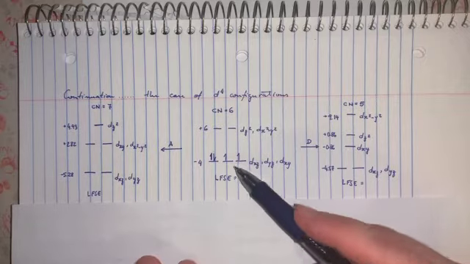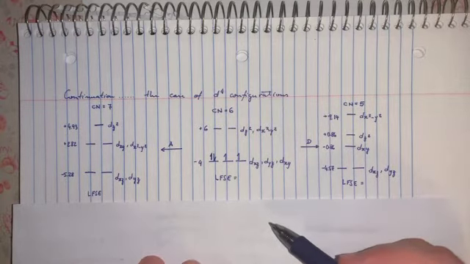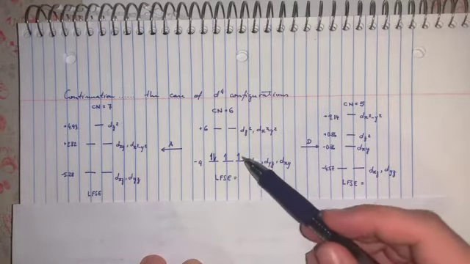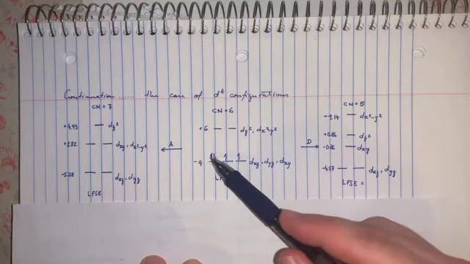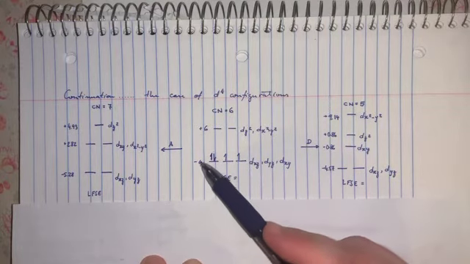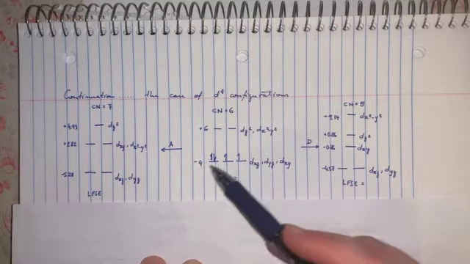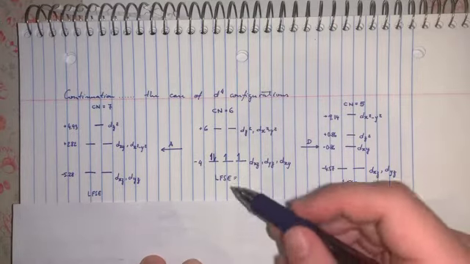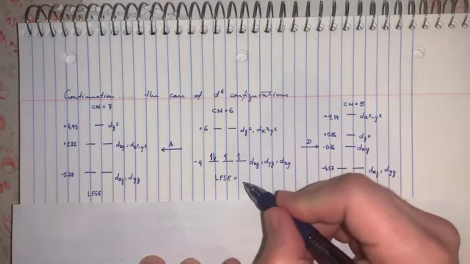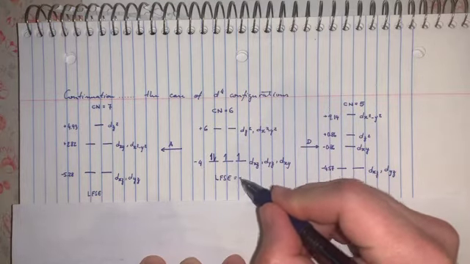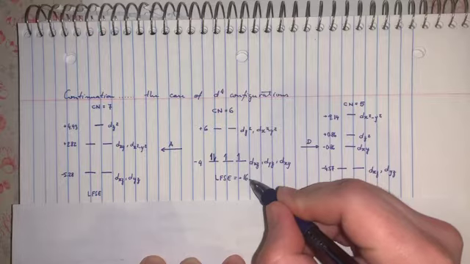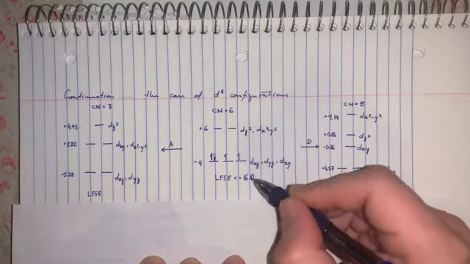Okay, so ligand field stabilization energy for this case over here. We have 1, 2, 3, 4 electrons, and they are being stabilized by a factor of 4. Therefore, the total ligand field stabilization energy is going to be minus 60.